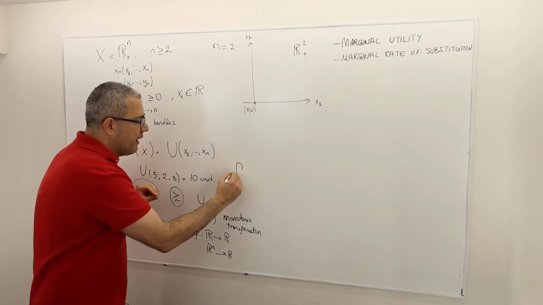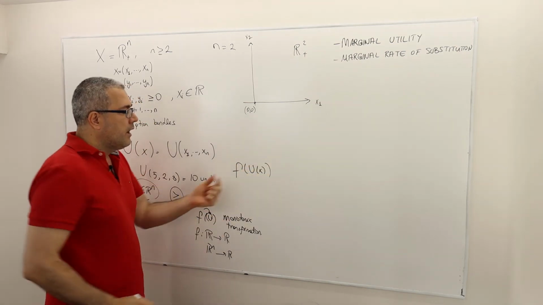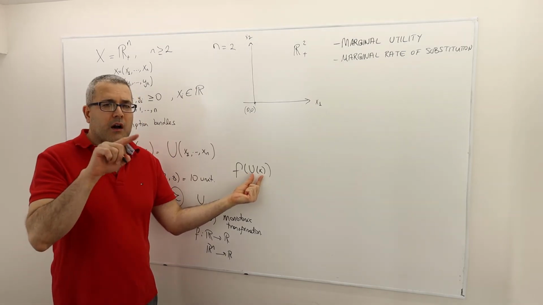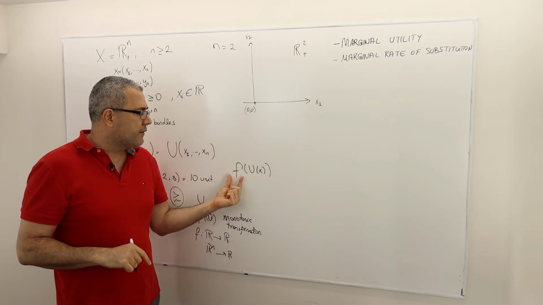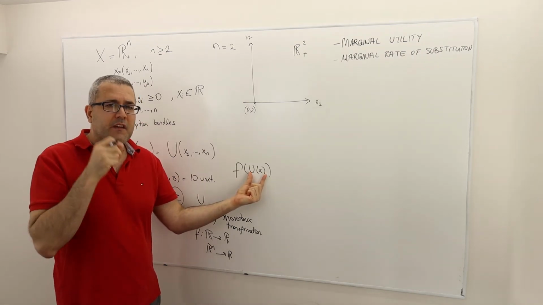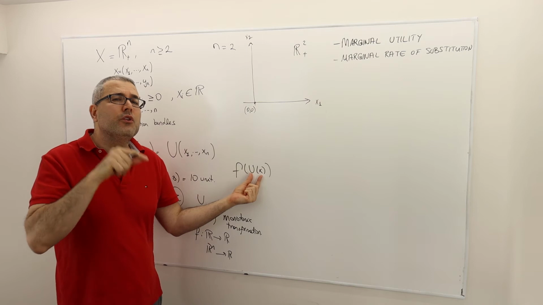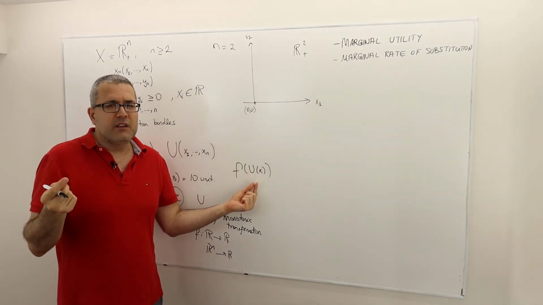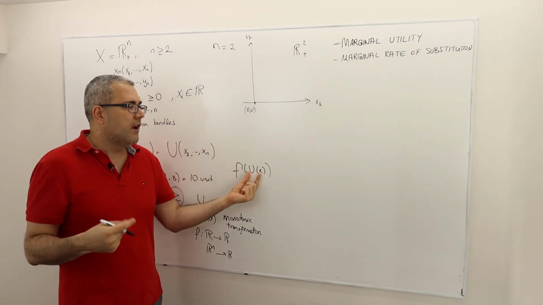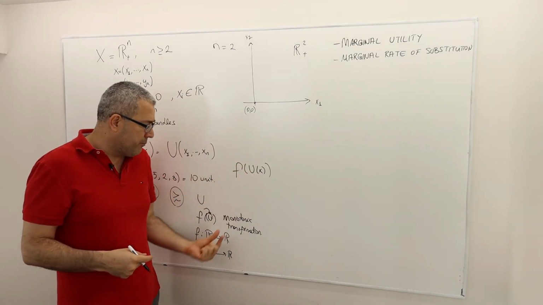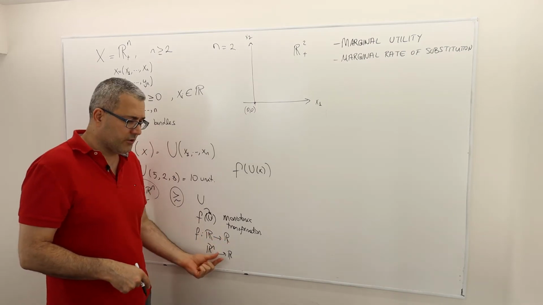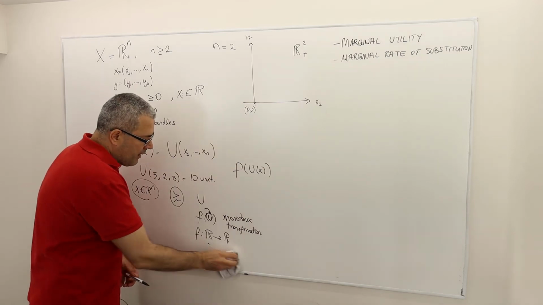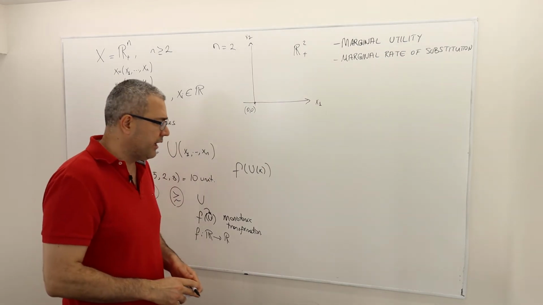The domain of the utility function is a vector, so u is defined from Rn to R. However, f takes values from u of x, the utility value of x, and the utility value of a vector x is just a real number, 5, 7, 3.5. So therefore f is a function which maps reals to reals, not Rn to R. So be careful about such simple technical details so that they don't confuse you later.